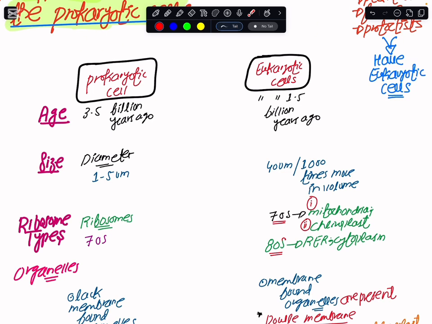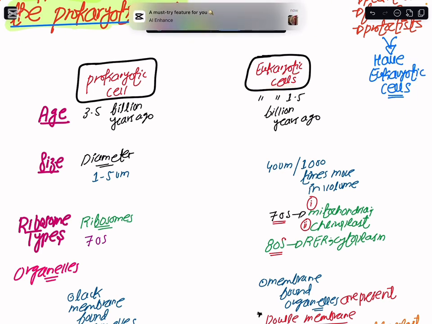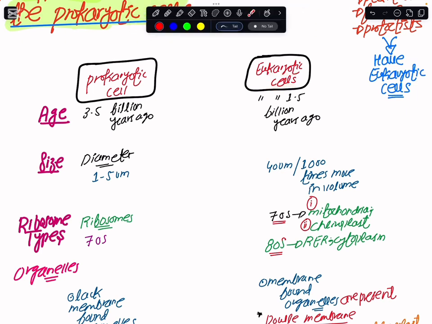If we talk about the size of typical prokaryotic and eukaryotic cells, the bacterial cell size can range between 1 to 5 micrometers. But eukaryotic cells can go up to 40 micrometers, and by that they have around 1000 times more volume as compared to prokaryotic cells.